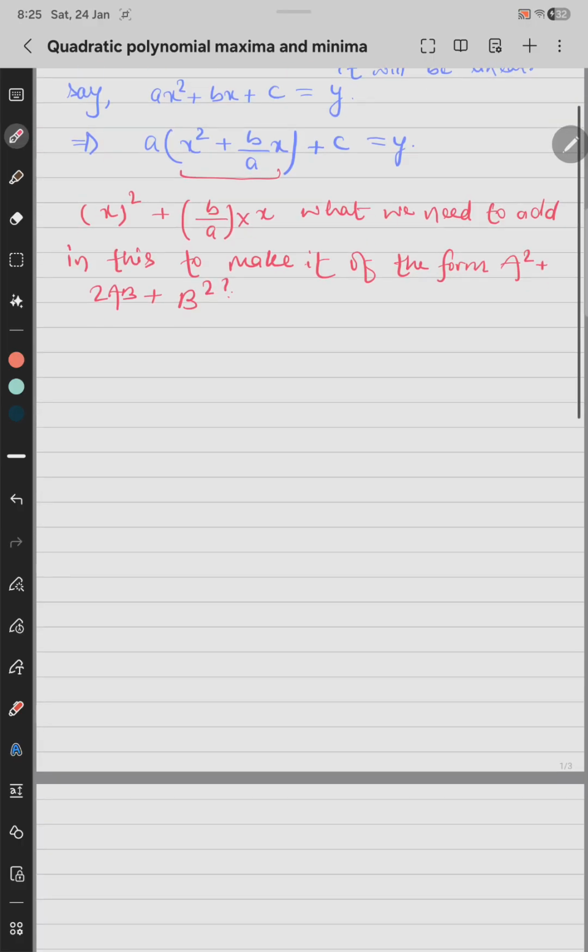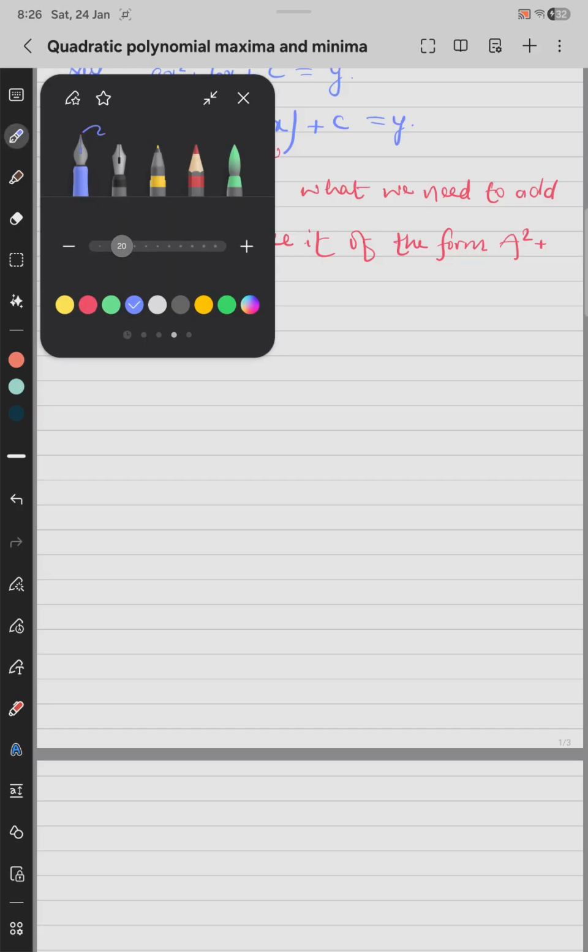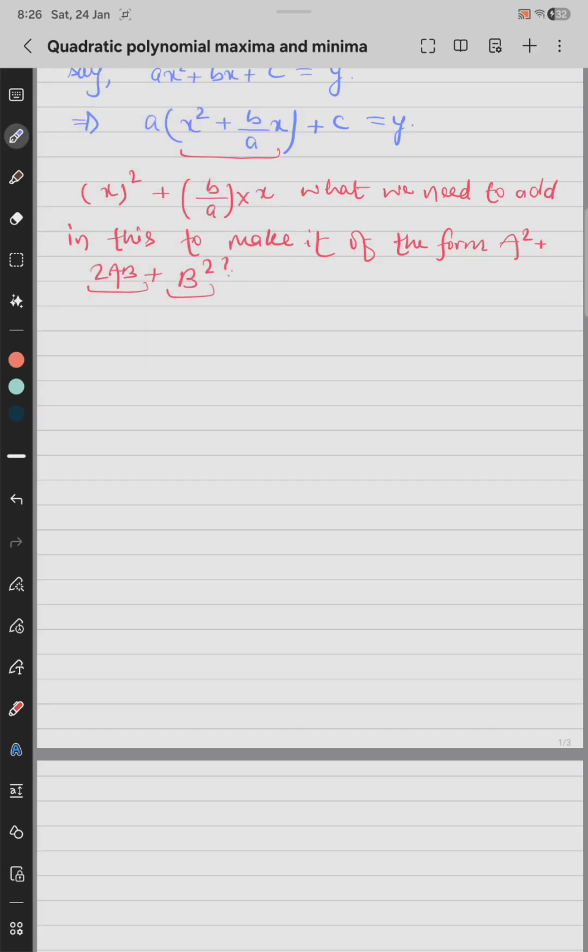So first we need to have 2ab here and then b square, because a square is matching with x square. So what we can do is, we can rewrite it as a into x square plus 2 into b by 2a multiplied by x. This much we can do.